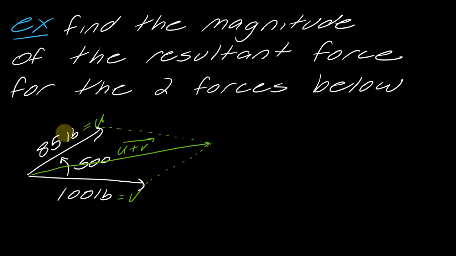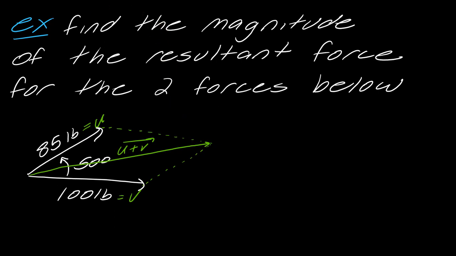So let's call this side u, let's call this side v, so I can figure out what this u plus v is. Now here's what this problem is asking for. You've got numbers here. This is 85 pounds, this is 100 pounds, we know the magnitude. Now I want to figure out the numerical value of u plus v.